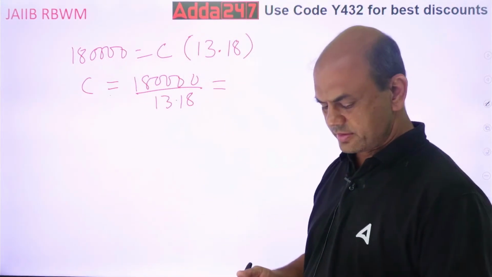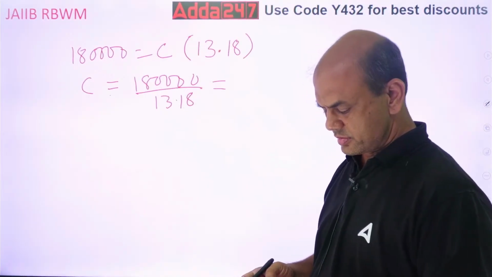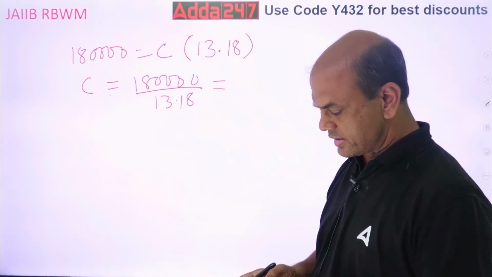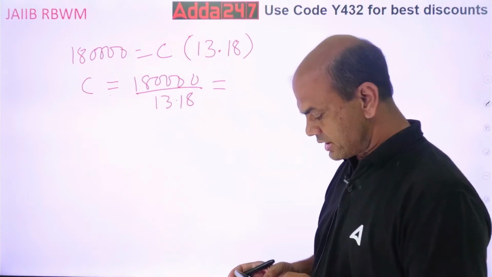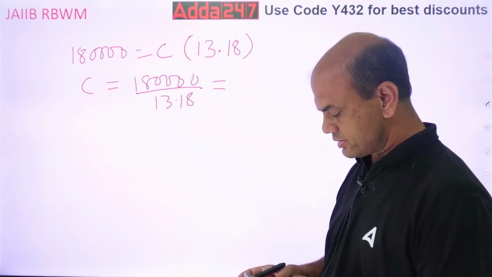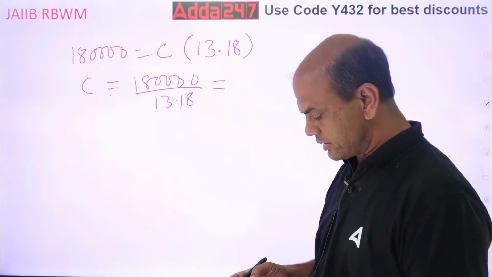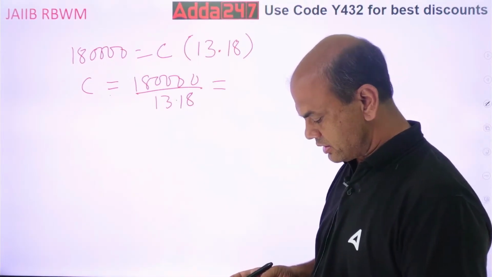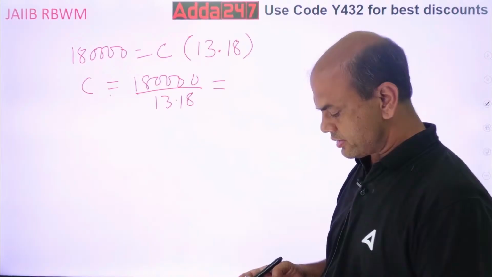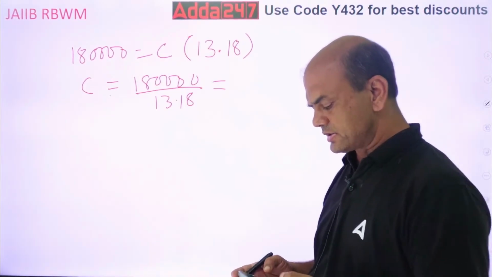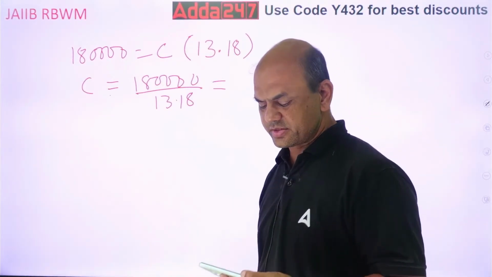Everyone, get the answer. 1,80,000 divided by 13.18. I'm getting it as 13,657.